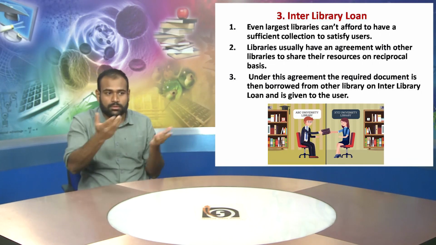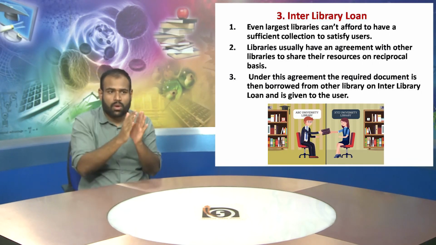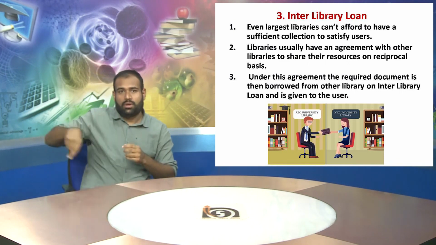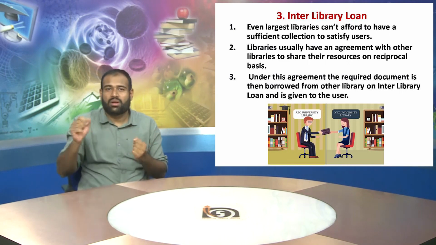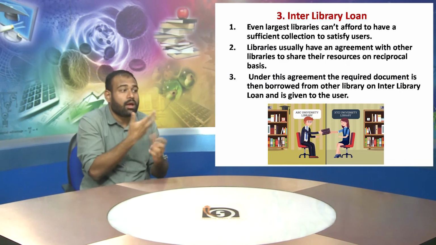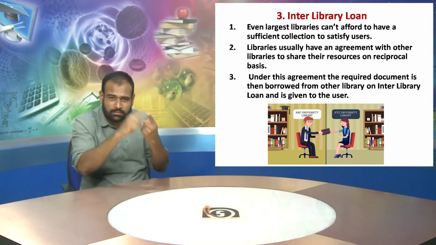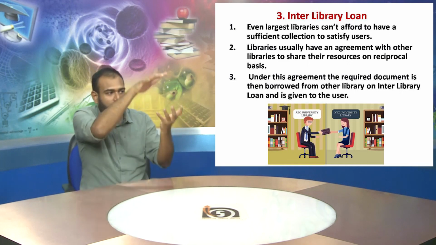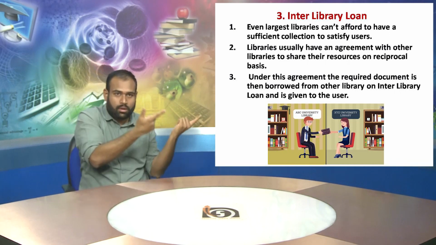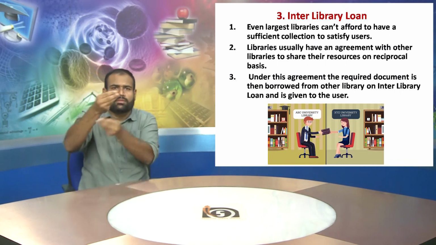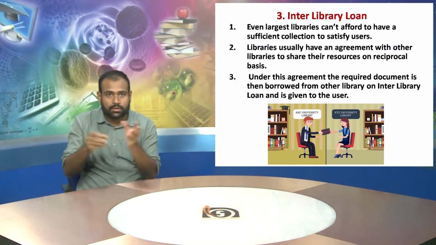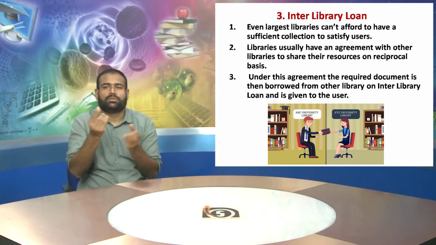So, for this, libraries usually have an agreement with other libraries to share their resources on reciprocal basis. Under this agreement, the required document is borrowed from other libraries on the interlibrary loan, and then it is given to the users.